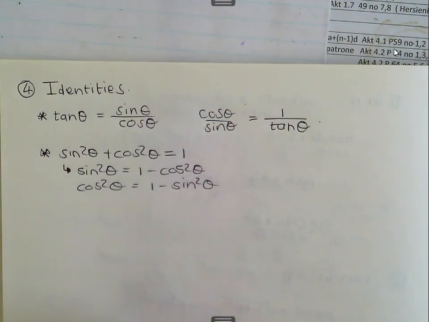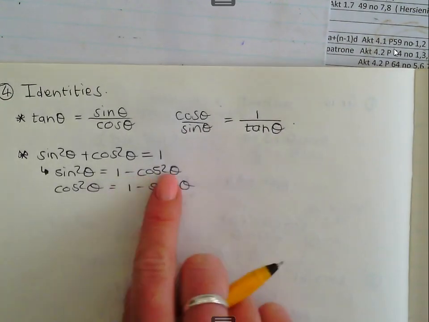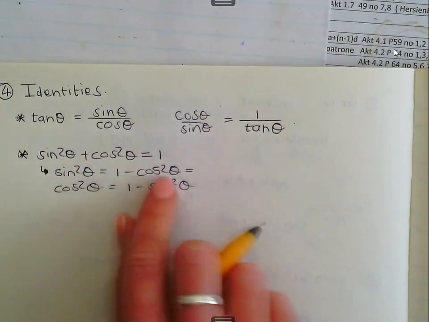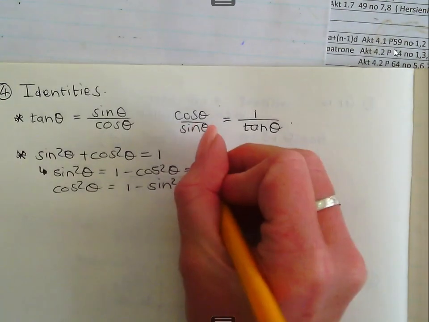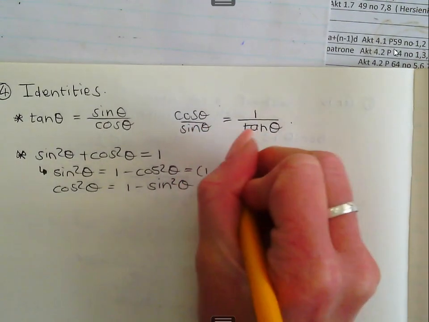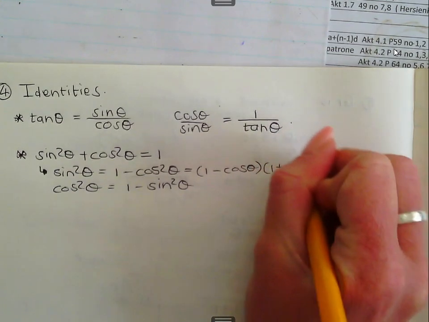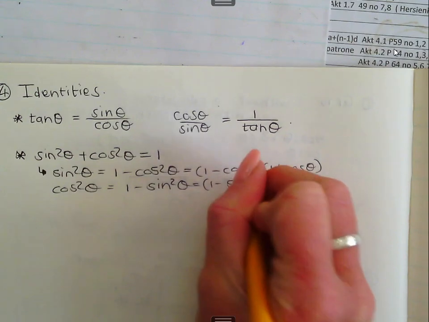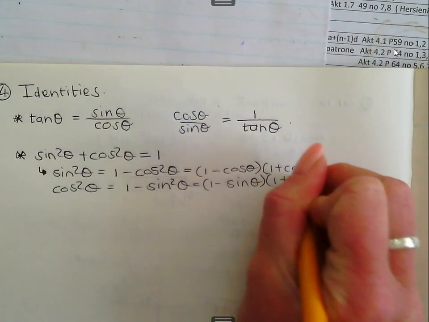The signs can't be different. It must be like that. And from this 1 minus cos squared, I can also see that it's the difference of 2 squares. So I must just remember it can also look like this: 1 minus cos theta, 1 plus cos theta. And this one is 1 minus sin theta, 1 plus sin theta.